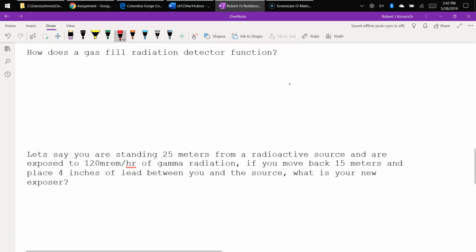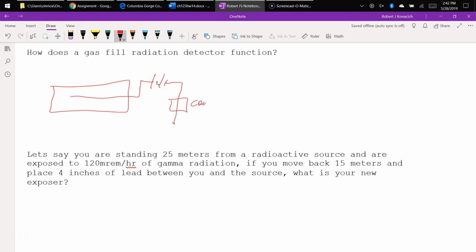All right, how about this gas-filled radiation detector? I got a can, got a wire. The wire goes to the battery. Got a counter. And then it goes to the can. So I've got argon, usually.